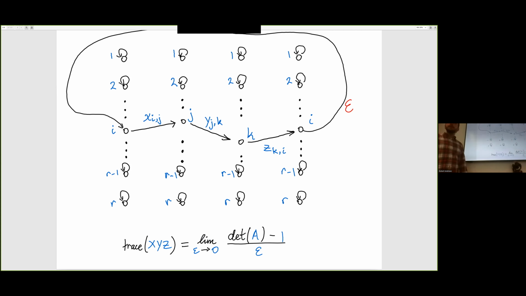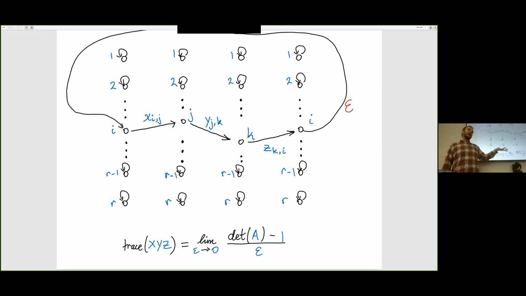Well, the obvious thing is you solve the equation for trace. If you take the previous equation and rearrange it, you see that if you take the determinant of the adjacency matrix, subtract 1, divide by epsilon, and then take the limit as epsilon goes to 0, you get the trace. So this lets me compute this trace of matrix product.